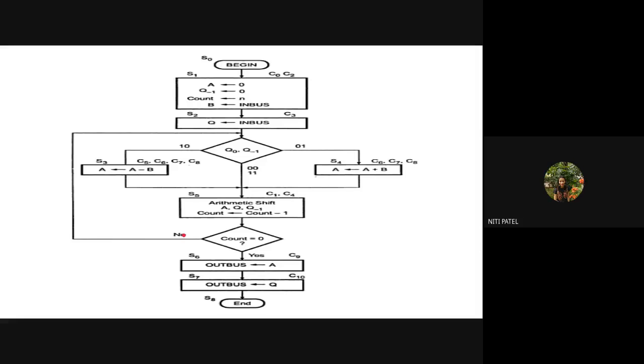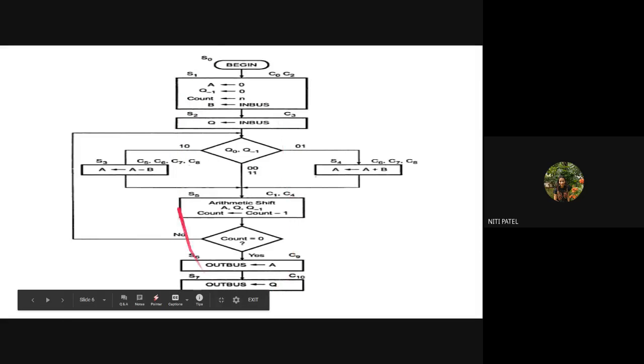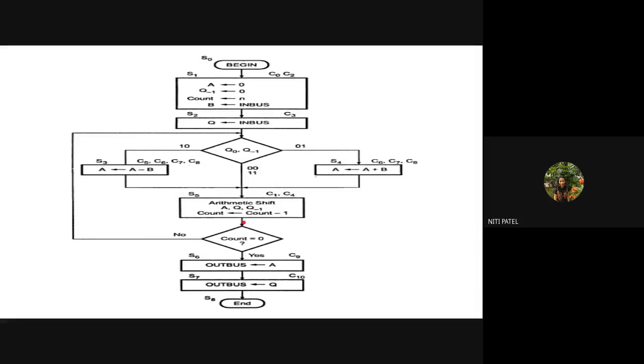Okay, so if you see the diagram over here, this flowchart, we have already seen this flowchart. This flowchart is of binary multiplication, Booth's algorithm. What is happening? We start, we make the accumulator 0. We decide Q minus 1 as 0. We count how many cycles will be required. Then we write the contents of Q wherever they have to be written.